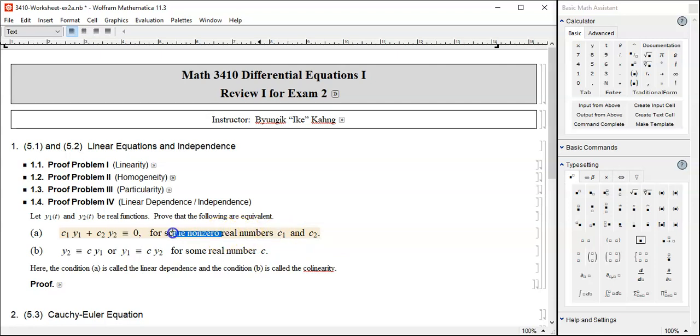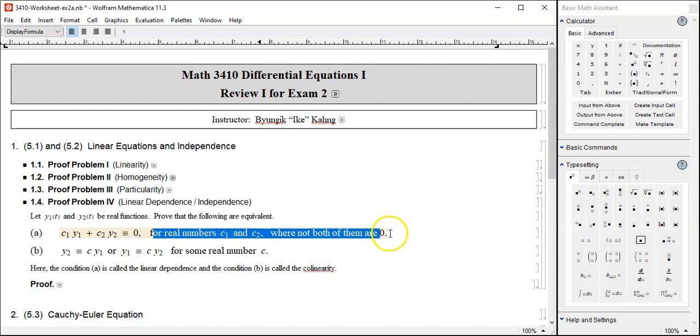So for some real numbers c1 and c2, where not both are 0. This is not incorrect, but too verbose and long, so let's write like this.